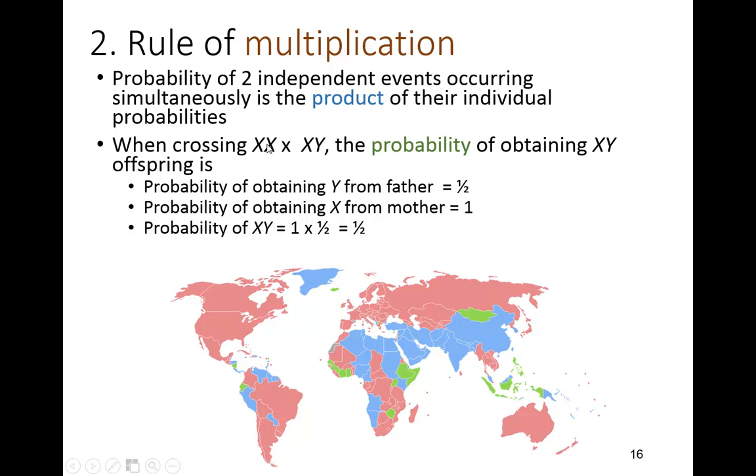Well, females can only give an X, so the probability of obtaining an X from the mother is 1. And the probability of obtaining a Y from the father is 1/2. It can either be X or Y, 1 out of 2. And then you multiply those together, 1 times 1/2 equals 1/2. That's the probability of getting a male. This map shows the proportion of countries that have more males and the proportion of countries that have more females, but it's generally worldwide about 50%.